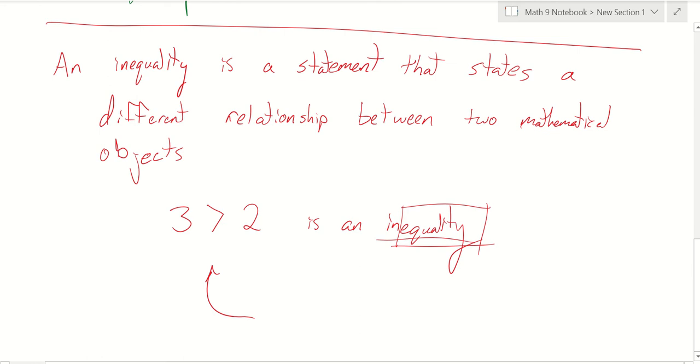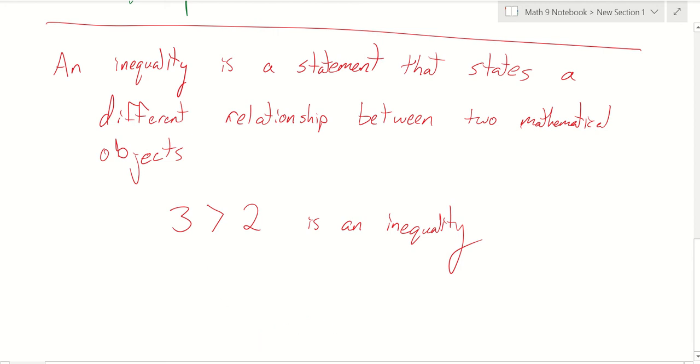That's kind of an awkward way to say it, but we can see here that this prefix in front of equality means not. These two objects are not equal. How exactly are these objects not equal? Well, one is greater than the other. That's exactly how they are not equal. That is the relationship that these two numbers have to each other. 3 is greater than 2.